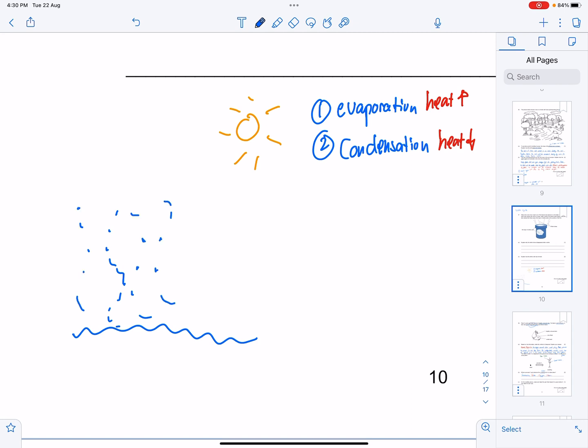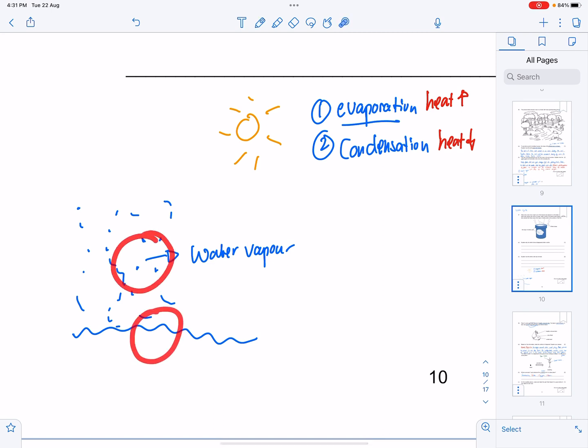What we have here after they evaporate is something known as water vapor. And the process that happens here is known as evaporation. So it is from liquid water to gaseous water vapor.